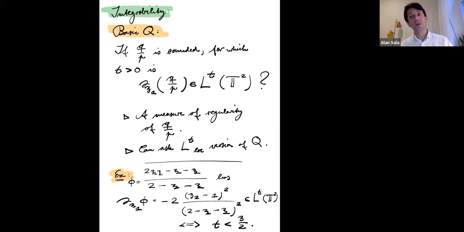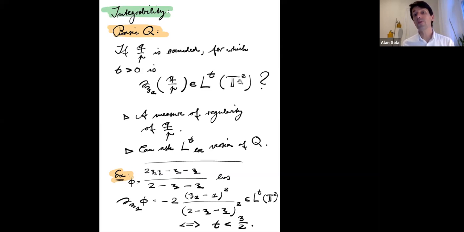Instead, I would like to talk about integrability for a bit. So let's assume that we found some bounded rational function Q divided by P. And we're going to ask what happens if we take its derivative. So we know that Q divided by P typically is not a continuous function, and so it's not at all clear that the z1 derivative, say, of Q divided by P belongs to some L^t of the 2 torus.